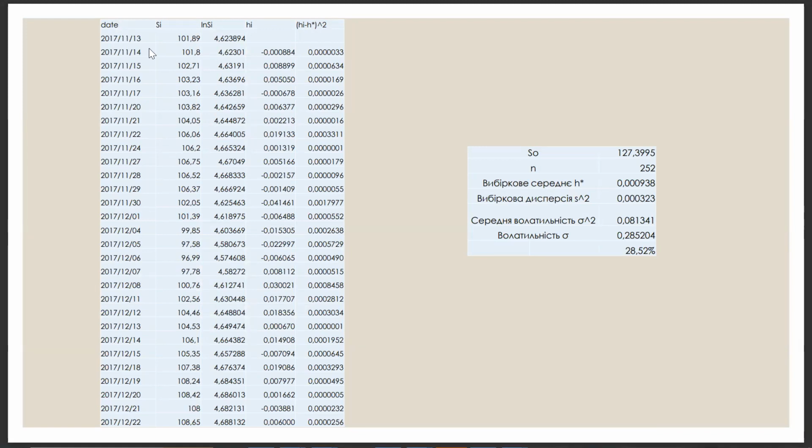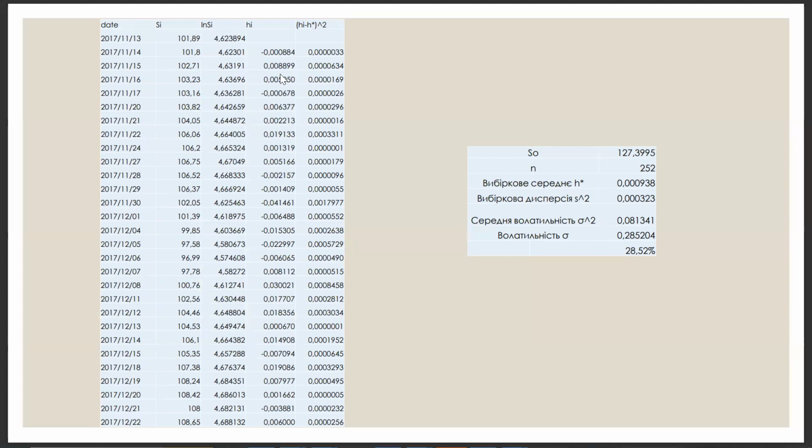How it looks in Excel. So we have the date, we have the prices, we find the logarithm, and after that we find the difference between this value and this value, between this and this, and so on.